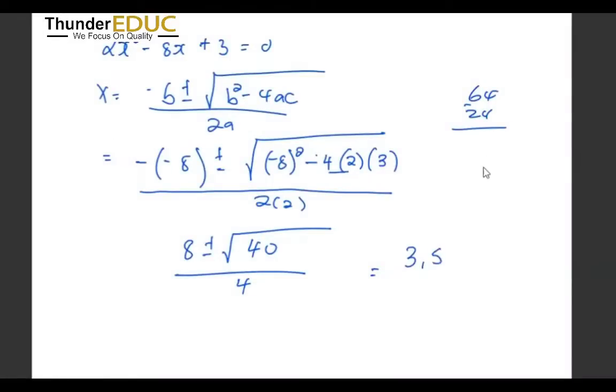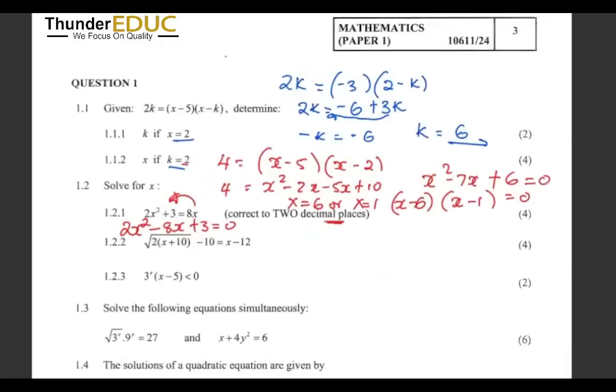That's going to be 3,58. So that's going to be the first x. Then when I use the minus, that's going to be 8 minus root of 40, then dividing by 4, which is 0,42. All right, so that is 1.2.1.